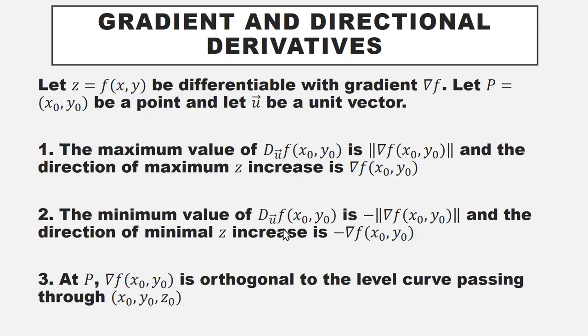We get the minimum value of the directional derivative in the negative direction of the gradient. And then the gradient is going to be orthogonal to the level curve passing through the point x0, y0, z0.